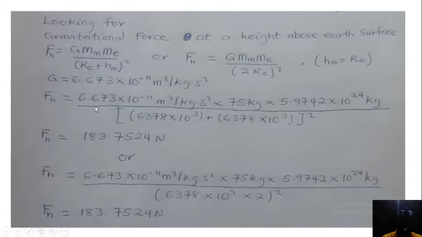So you just substitute carefully your values into the formula.